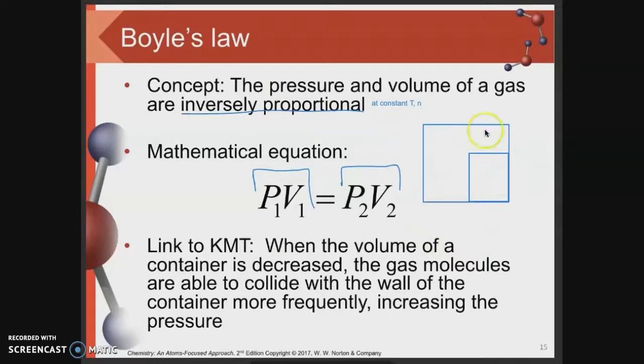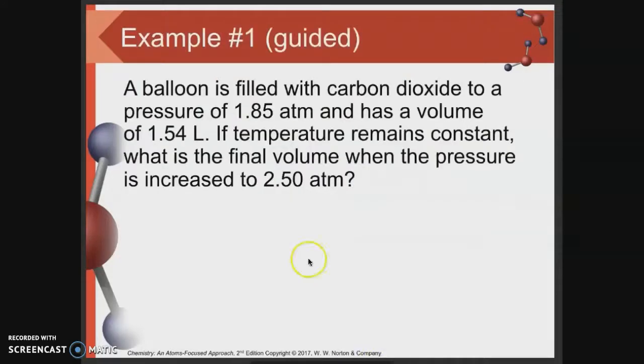Well, inside of this bigger container, the gas molecules are moving around, but because there's so much more space, they're not going to collide with the walls of this container nearly as often as they would in this container, which is considerably smaller. Smaller space, more confined area, more collisions are going to occur. More collisions means greater pressure. So that's Boyle's law from kind of a theoretical perspective.